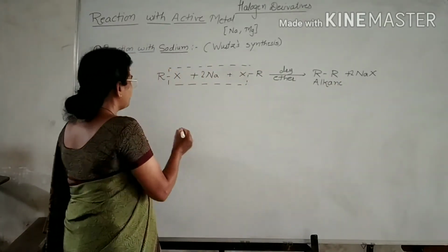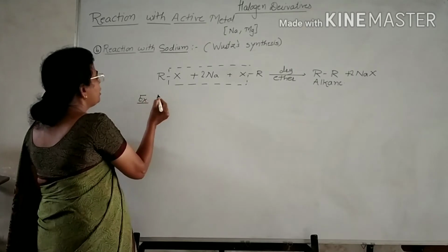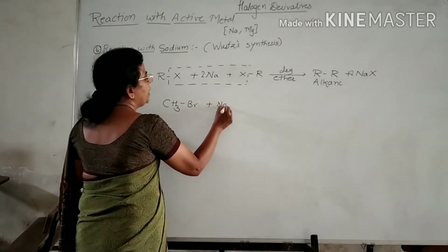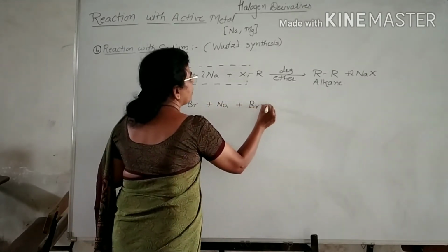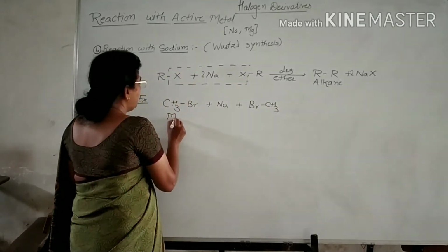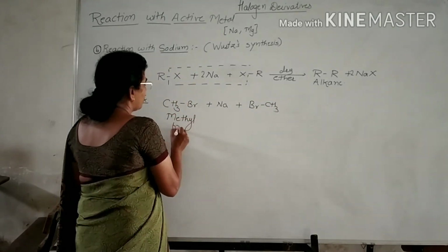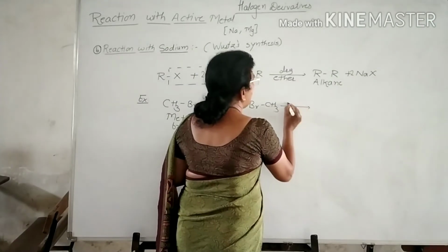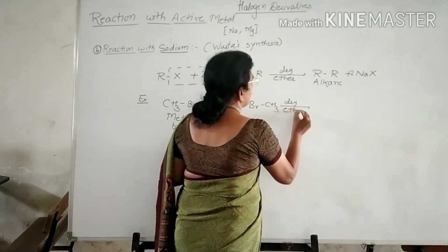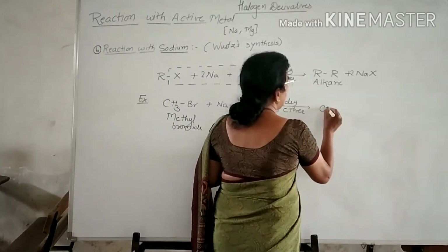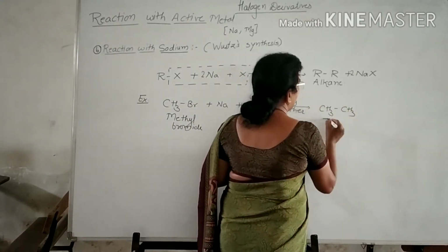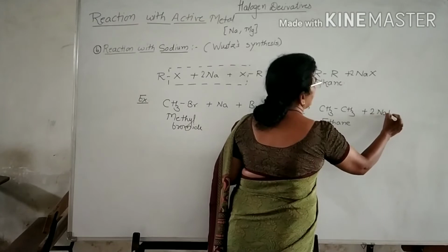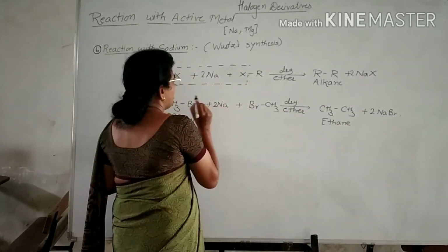For example, if we carry out the reaction between CH3Br plus sodium metal plus CH3Br, balance this reaction.